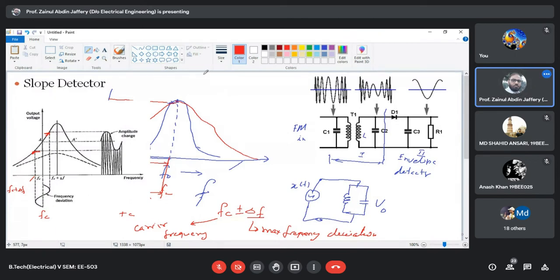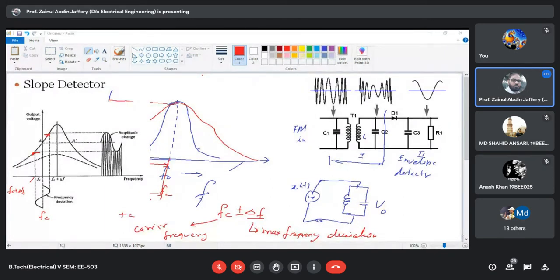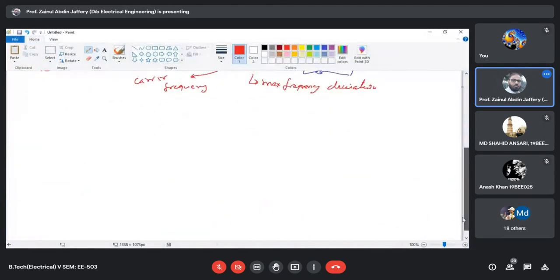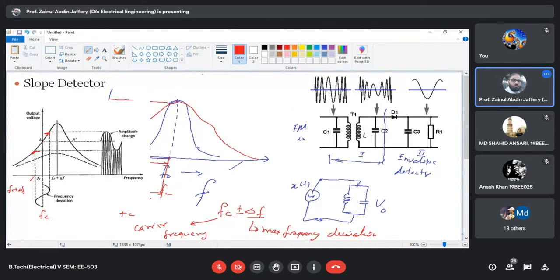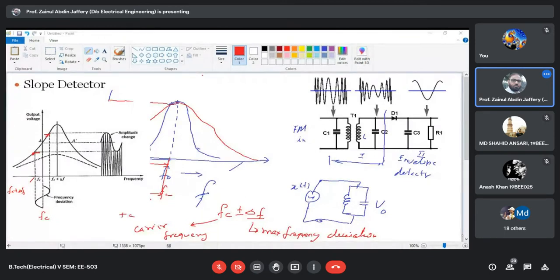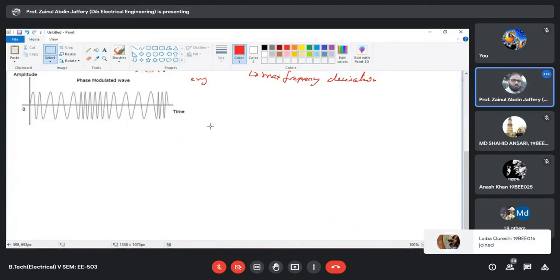If I can draw here, the output signal, I don't have it, let me see. No, okay. So actually the output goes like this. This is your FM signal, right?